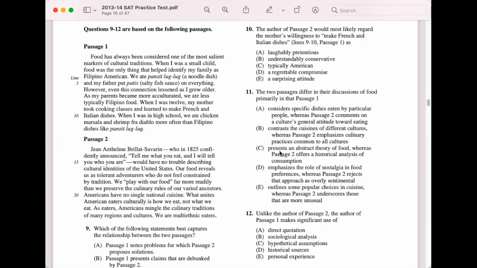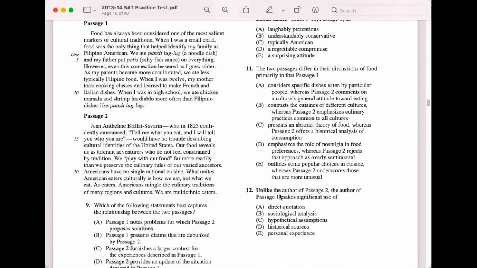But as he grew older and the family came to become more and more American, the food also became more American, right? The mother took cooking classes in typically American dishes, European dishes. And by the time he went to high school, the food on the table was more American. So this is presenting how cultural traditions and changing traditions reflect changes in food habits through a very personal lens, right? That's the first one.